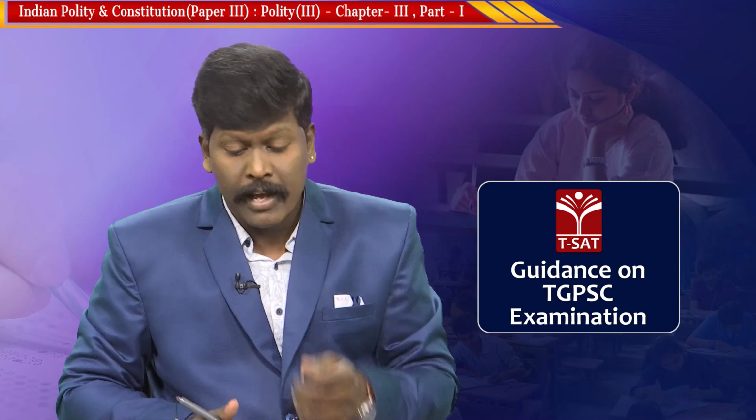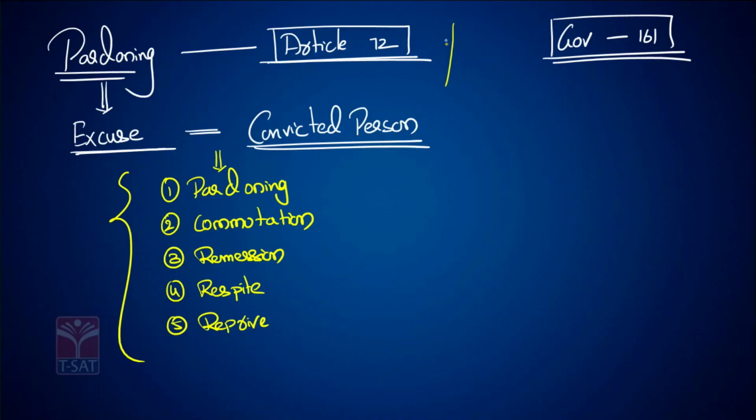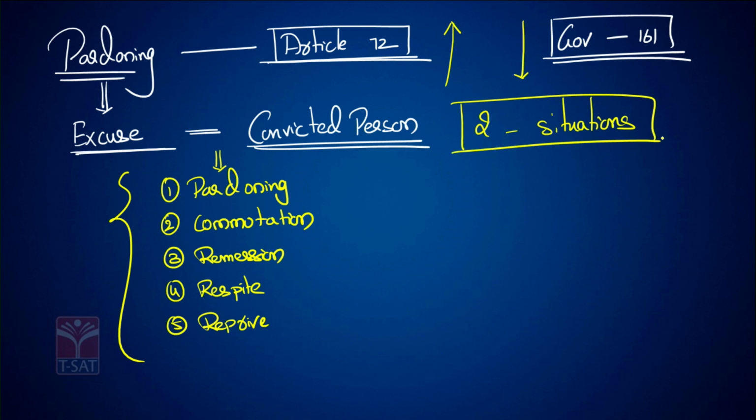Pardoning power of the President is more compared to the Governor in two situations. In two circumstances, the pardoning power of the President is more compared to the Governor's pardoning power. One, a death penalty, a death punishment.